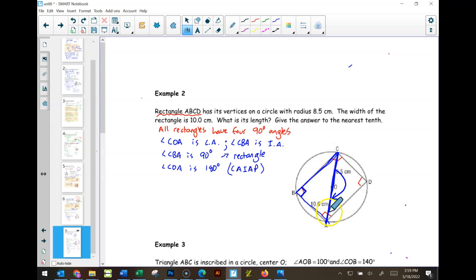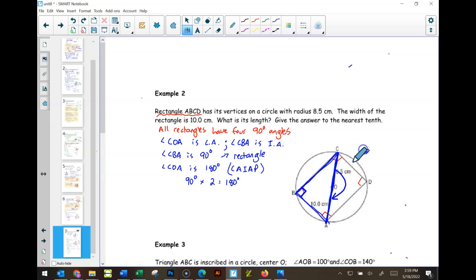Because angle COA, or the central angle, is twice as big as its inscribed angle. Okay, so if you wanted to put further proof, 90 degrees times 2 equals 180 degrees by that property. So it was easy to prove that this is actually a diameter, and now we've got enough information to use Pythagoras.